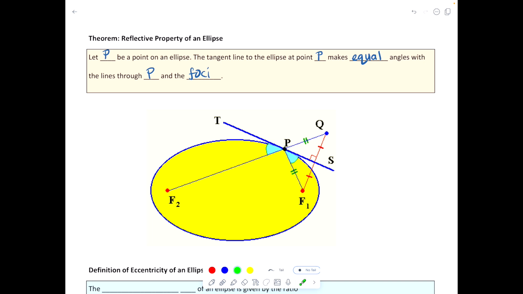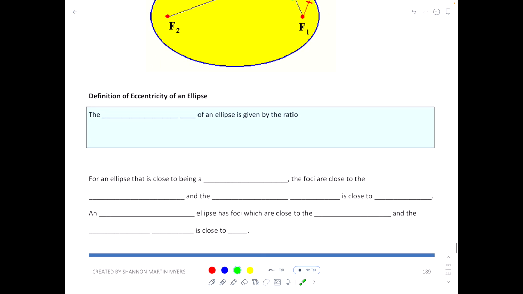And it turns out that extending this line out to Q basically gives you the same distance, or the same length of segment, from PQ to PF1. And so that ends up giving us equal angles across that tangent. So that's a very cool property of an ellipse.